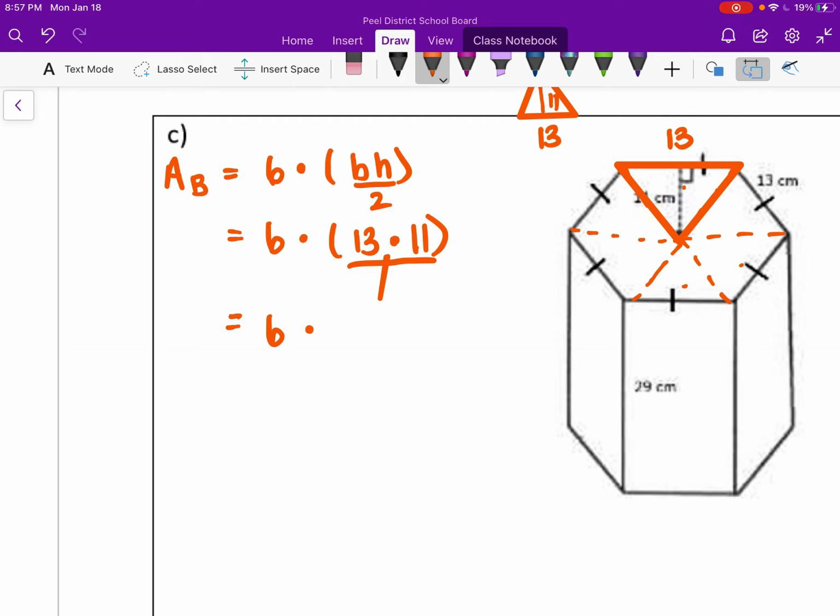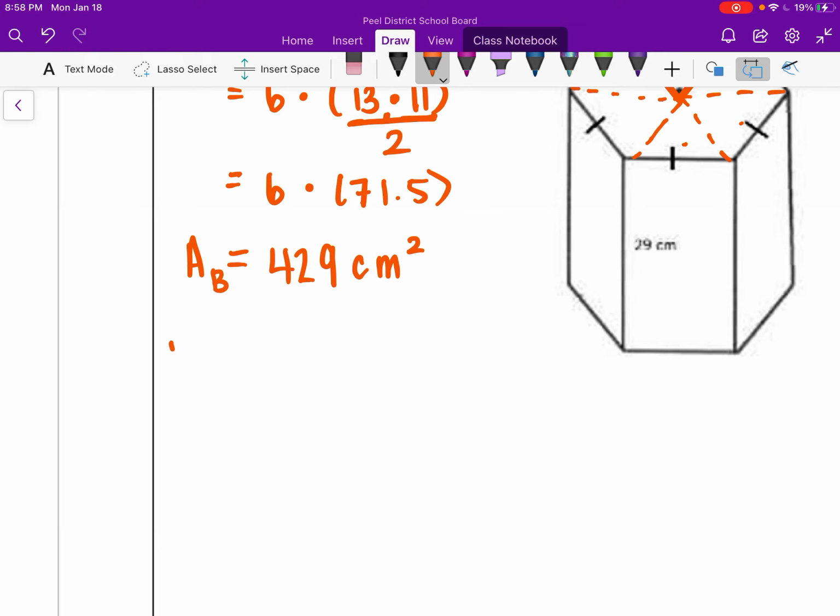So we have 13 times 11, which is 143. I'm just going to divide by 2 right away. So I'm left with 6 times 71.5, right? So I'm just going to do that times 6. And I'm left with 429, which is equal to the area of the base, and that's centimeters squared, right?